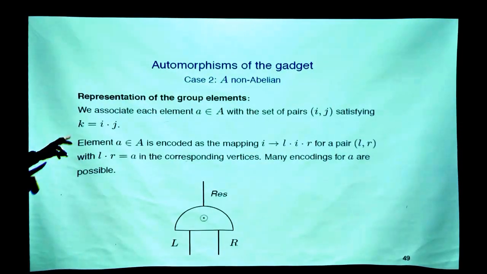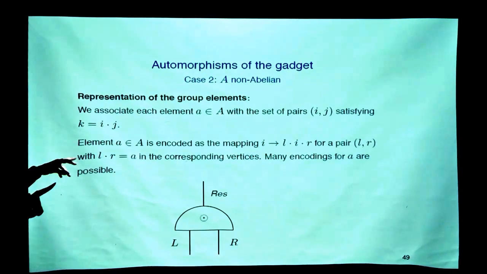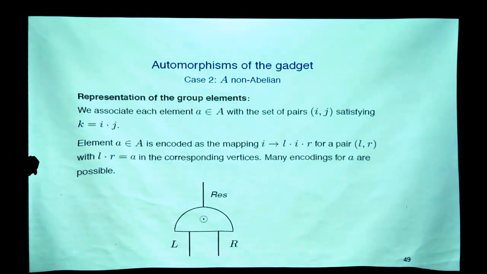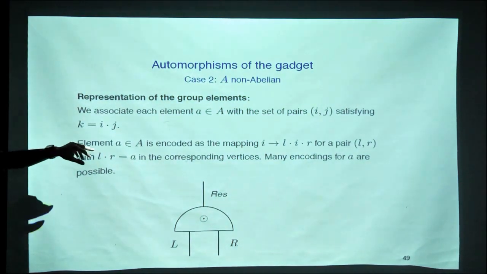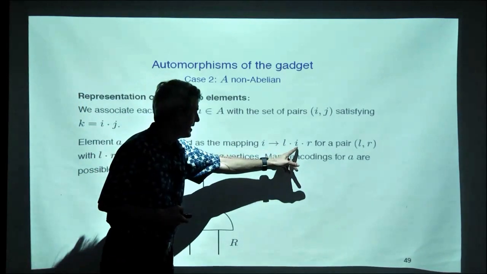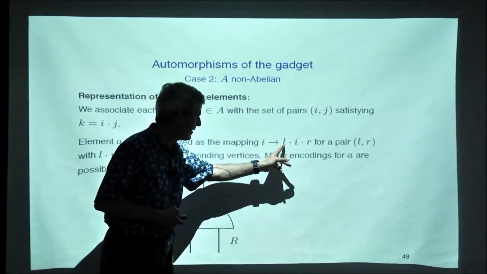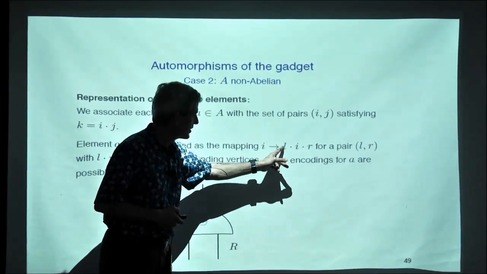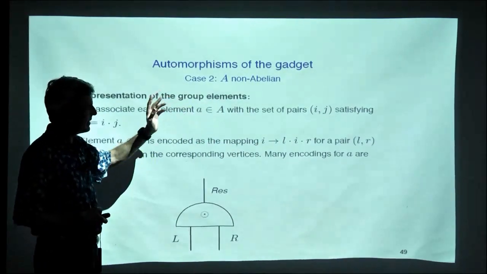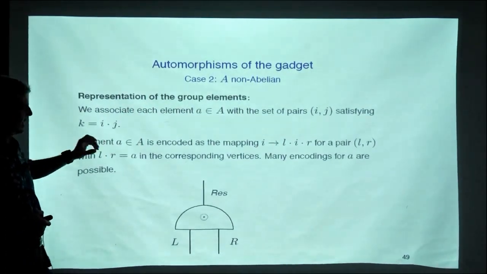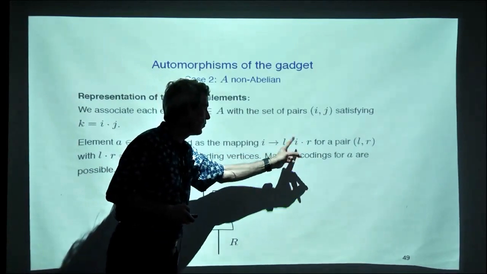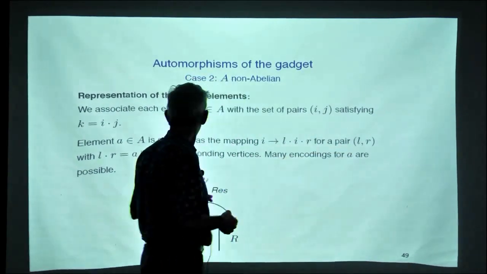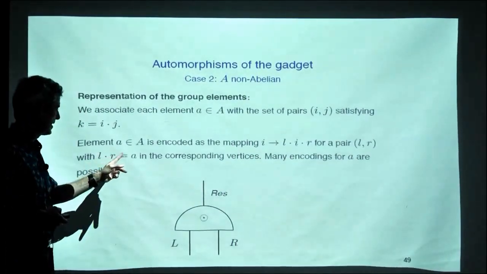And so an element a would be encoded in this part as this permutation. We have a left element multiplying i, and then a right element, with the property that L times R gives us a.